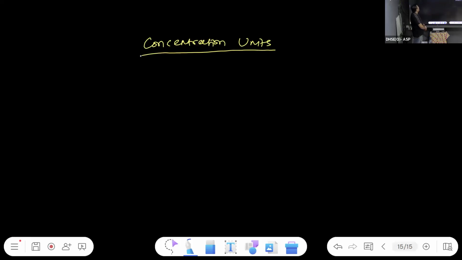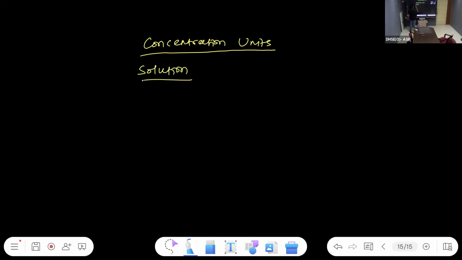Before discussing concentration units, we should know what a solution is. How do we define a solution? Can you answer? Raise your hand or write in the chat box.